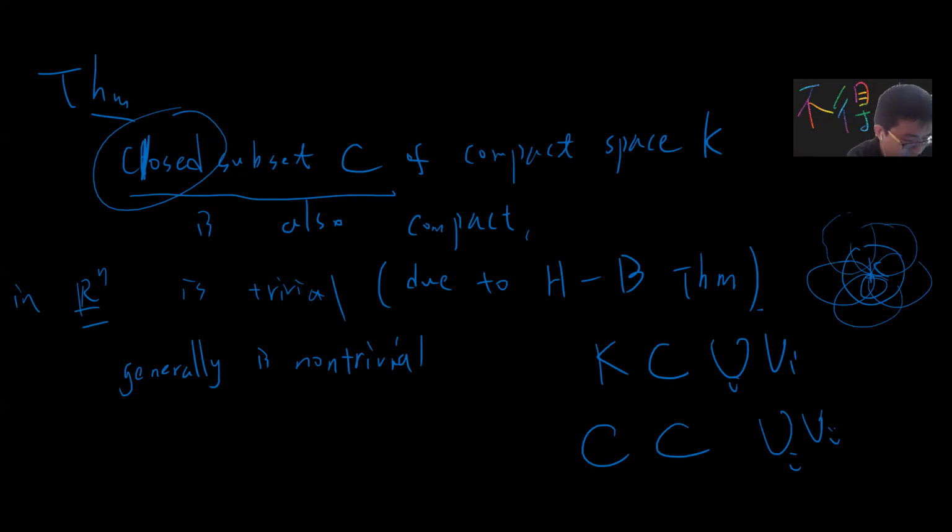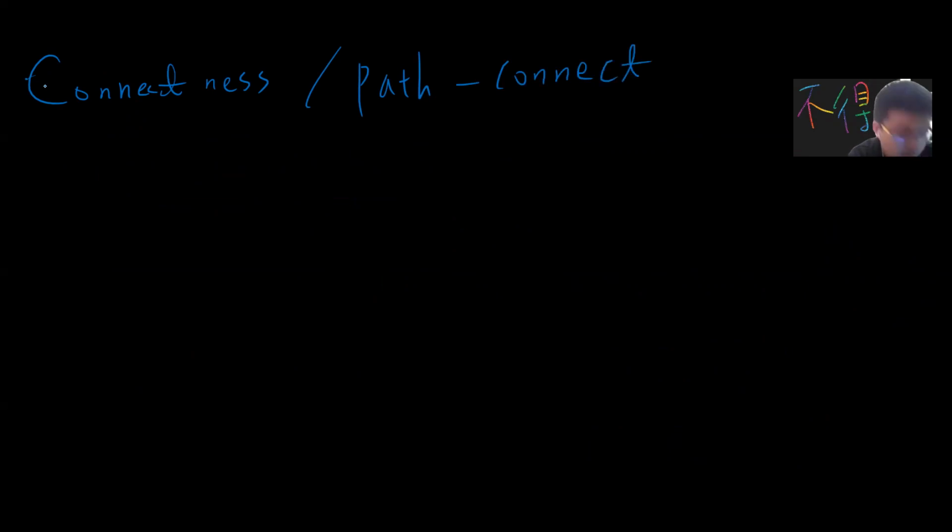It's just simple. Okay, and another one is connectedness and path connectedness. I think this is also already mentioned in calculus. So it's also a topological invariant. Let me just write down the definition.